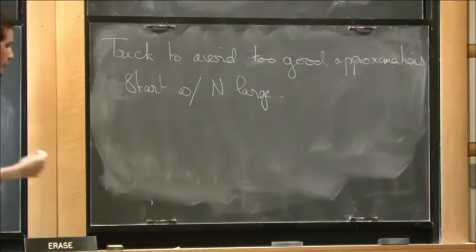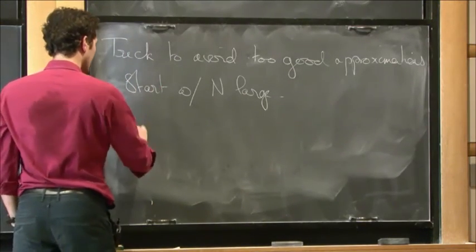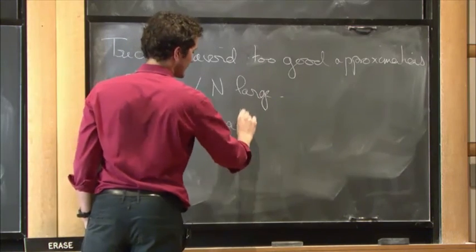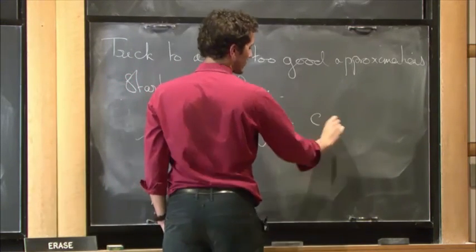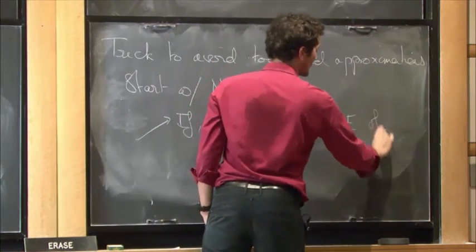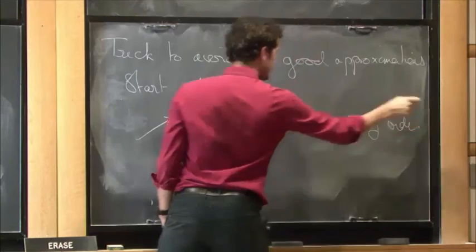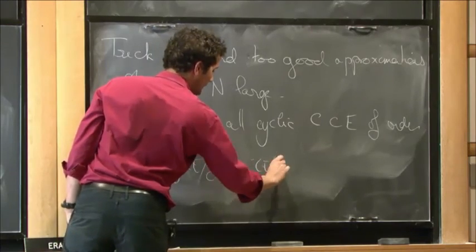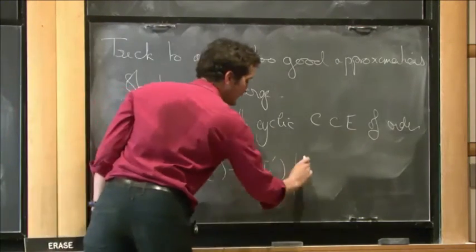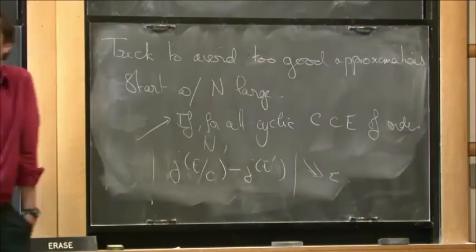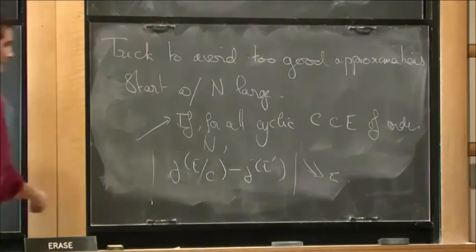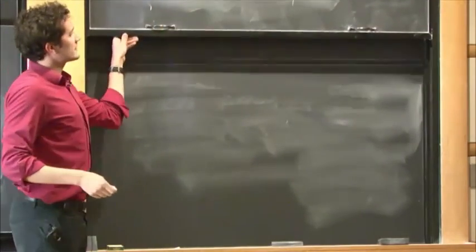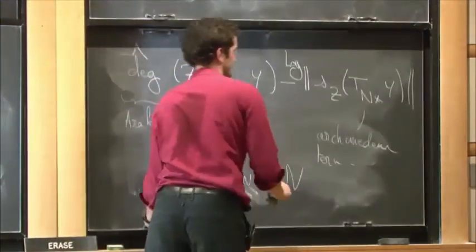We have E and E prime, and assume that for all cyclic subgroups C inside E of order n, j of E mod C minus j of E prime is bigger than some epsilon. If they are not too close, then we're done, and that's what we want. If we take n at random and the approximations are not too good, then nothing happens, we are good.